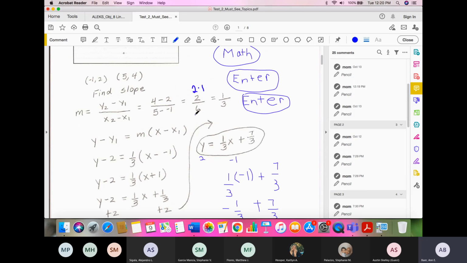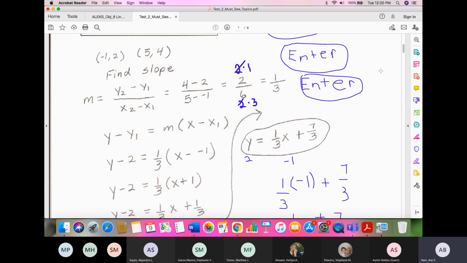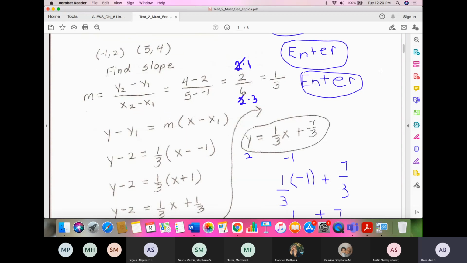This 6 is 2 times 3. The 2's cancel. 2 divided by 2 is 1, times what's left, which is 1/3. So the slope is 1/3.